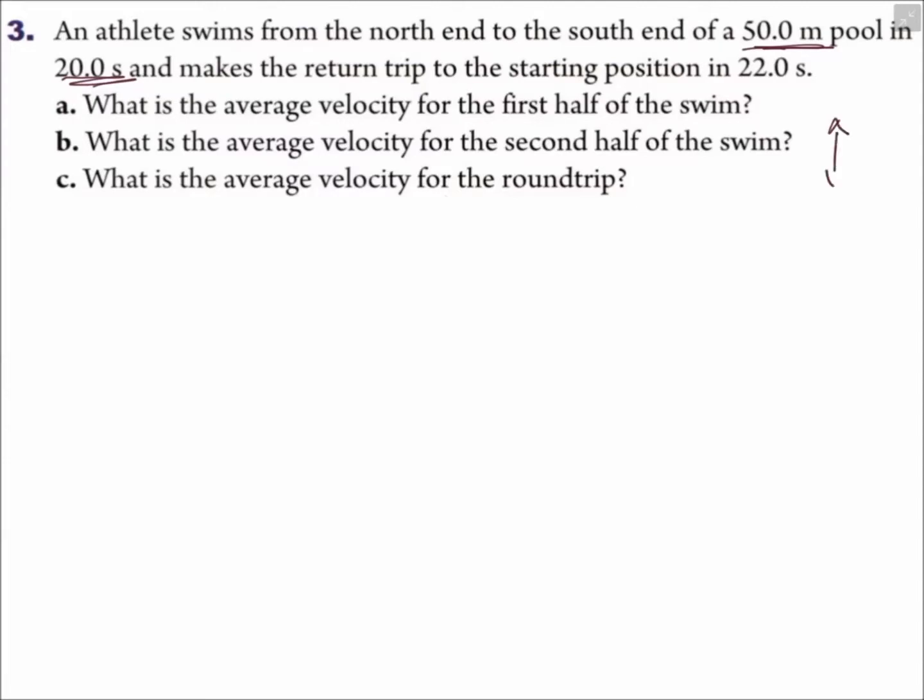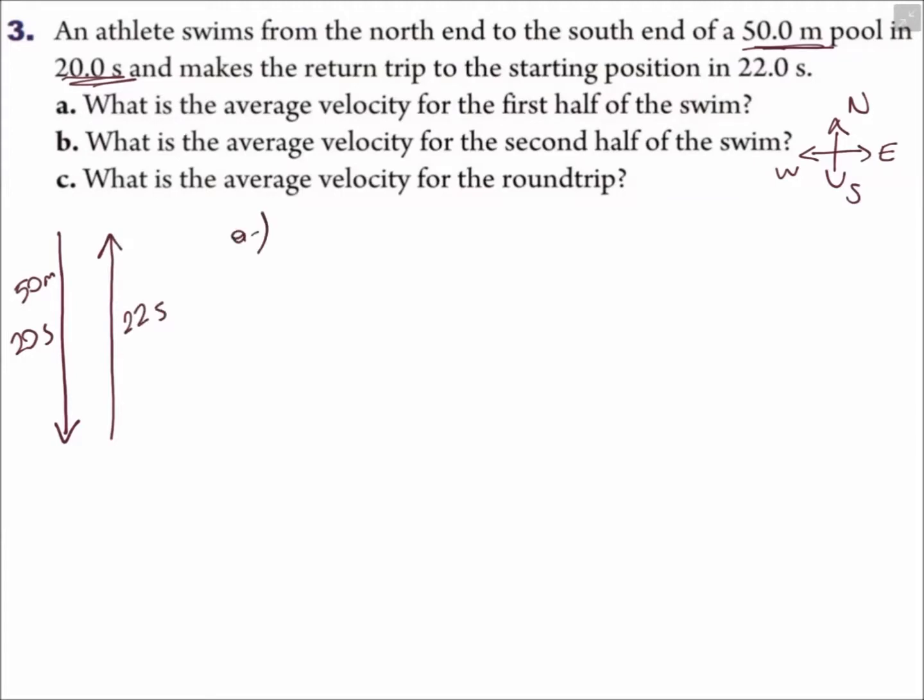If we draw north and south, east and west, so it is swimming from north to south 50 meters in 20 seconds, and makes a round trip to the starting position in 22 seconds. So it returns back in 22 seconds. Part A says what is the average velocity of the first half of the swim?